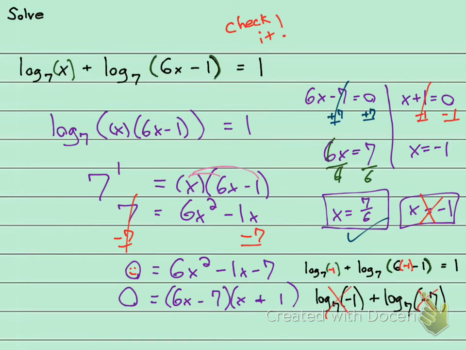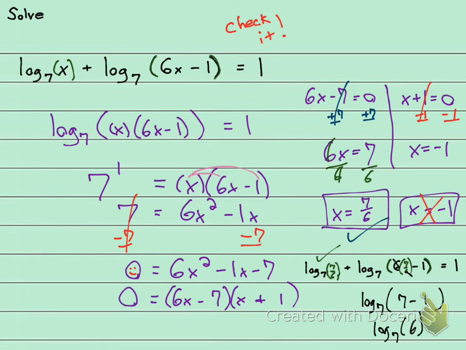Now the 7/6, that one's going to be fine. Let me just plug it in to show you, but then I'll do the full check in another video. If this was 7/6, that's fine. And right here where I saw x, if this was 7/6, this would be log base 7 of 7 minus 1, log base 7 of 6, and that is also fine.